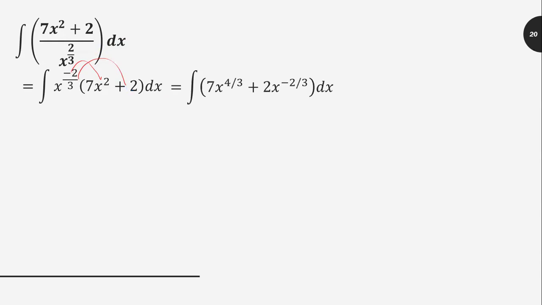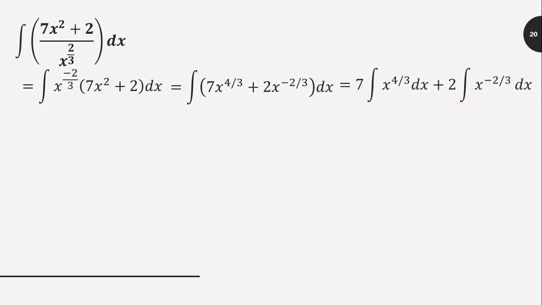So negative 2/3 plus 2. So that becomes negative 4 over 3. It's like this. Plus 2 or negative 2/3 plus 6 over 3. And then 2 plus negative 2 plus 6 is 4/3. Okay? Next, we distribute x raised to negative 3 here. So it becomes 2x raised to negative 3 dx.